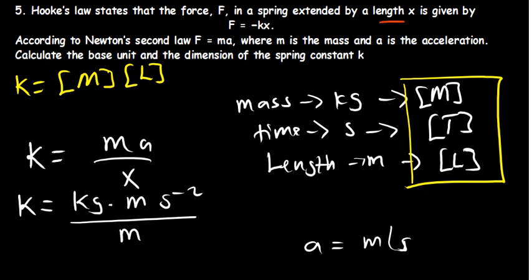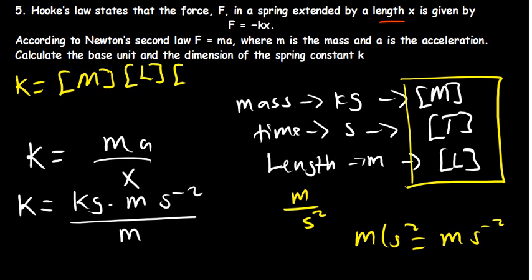Next, I have seconds, which is T. But since it is to the power negative 2, when we have meters per second squared, this is the same as meters s to the power negative 2, because m over s squared, if I want to remove the division, is m s to the power negative 2. It's the same.